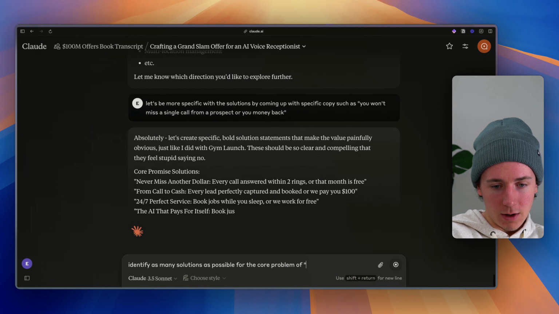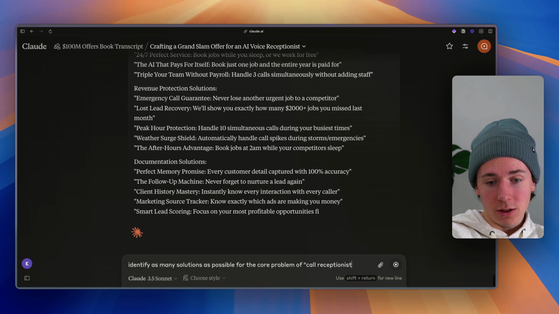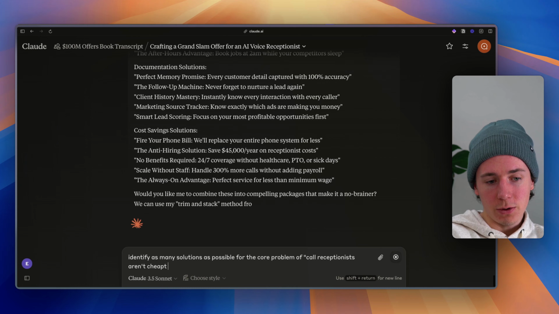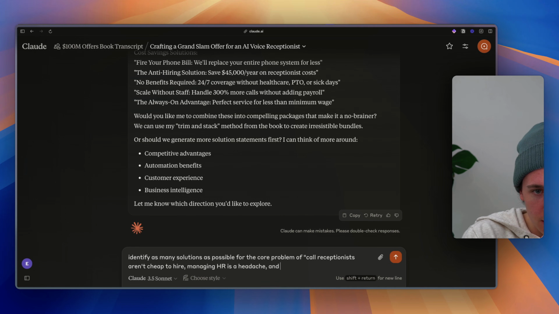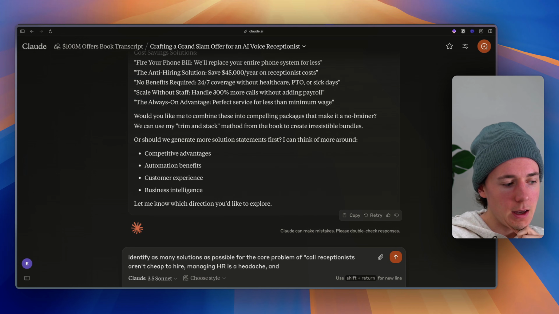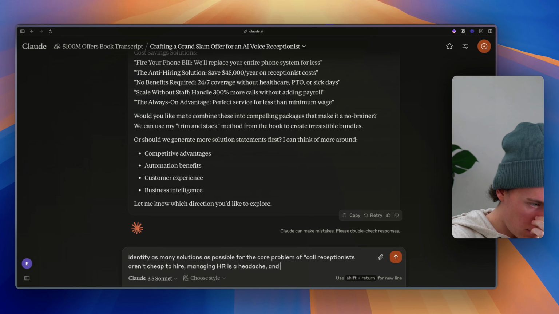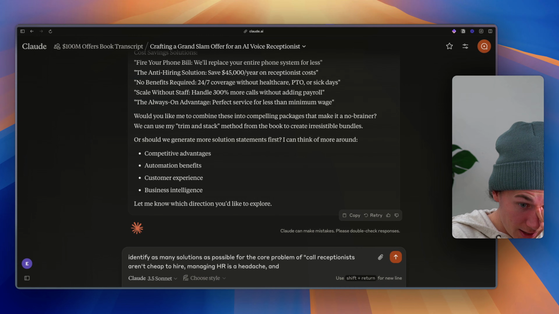The core problem of call receptionists aren't cheap to hire. Managing HR is a headache.